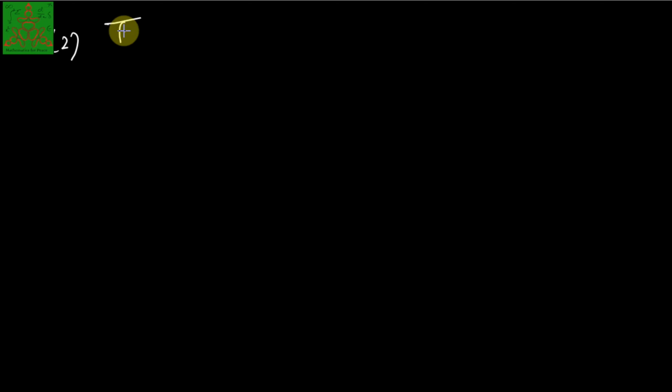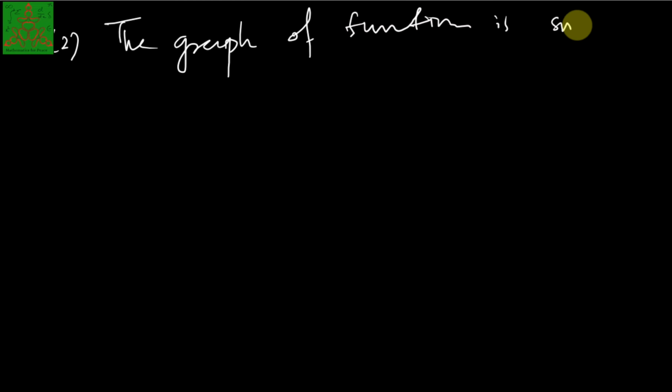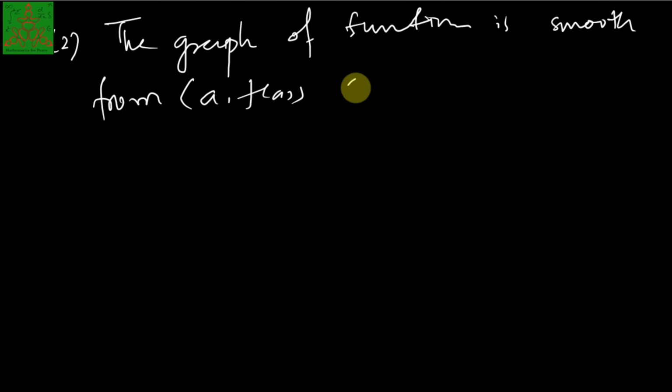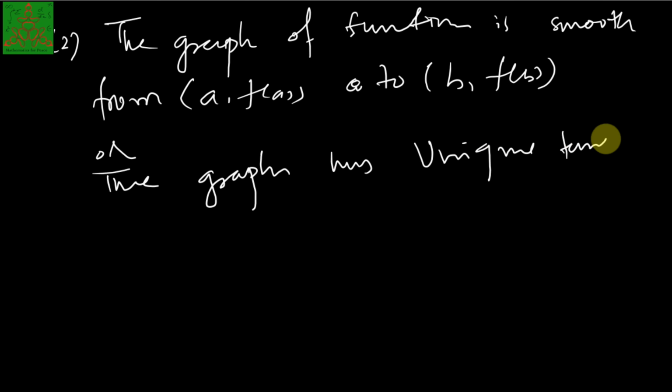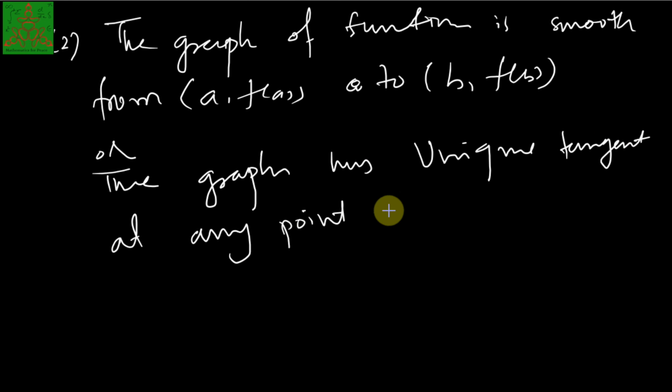That means I can say the graph of the function f is smooth from a comma f of a to b comma f of b, or I can say the graph has a unique tangent at any point in between a and b. This is also one can say.